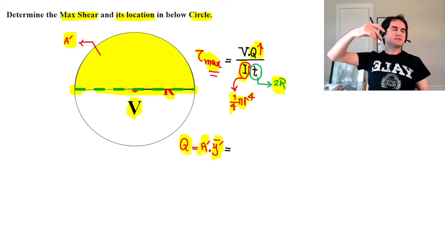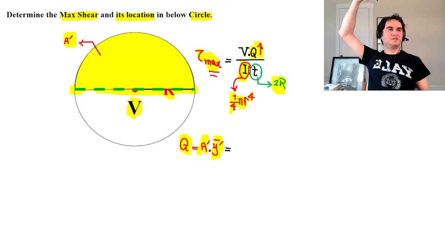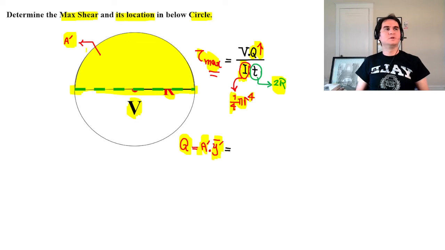The thickness that shear applies on is 2r, or the diameter of the whole circle.